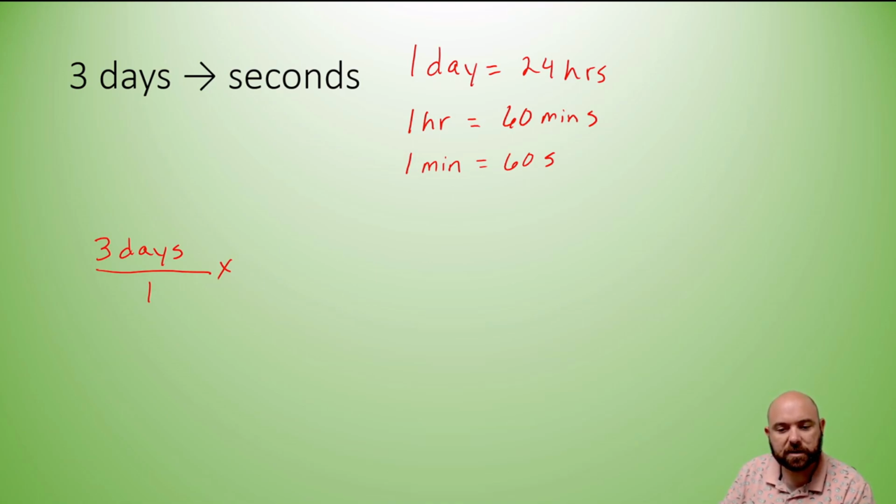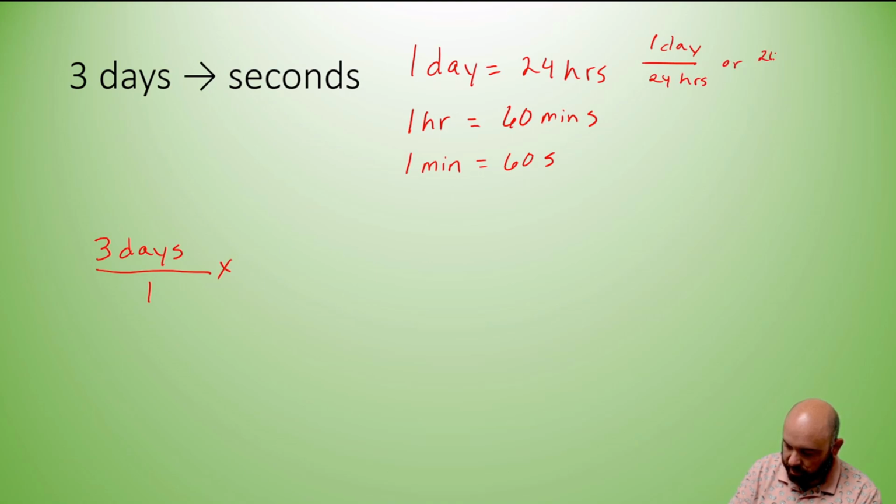So I'll start by trying to cancel out the days, because I know at the end of my problem I don't want any more information about days. So I will use the only conversion here I have that says 1 day is 24 hours, and I can either use that as 1 day over 24 hours, or 24 hours per day.